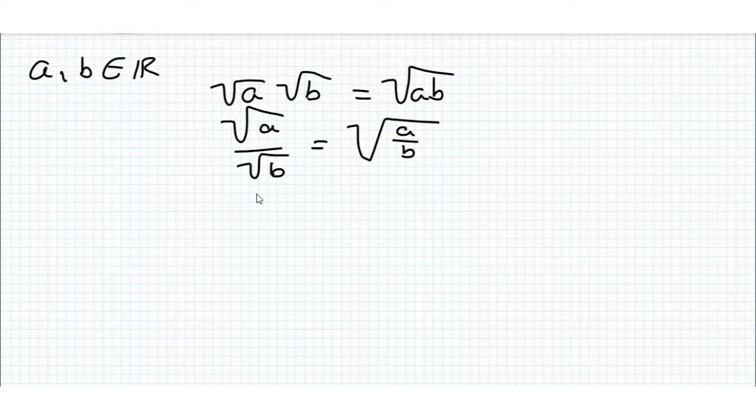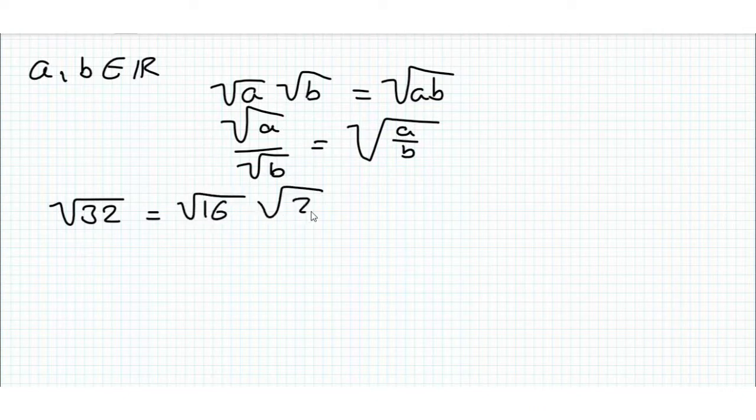The next thing we want to look at is simplifying surds using a couple of these rules. Say we've got the square root of 32. Well, we can use our rules A and B, and we can write this as the square root of 16 times the square root of 2.